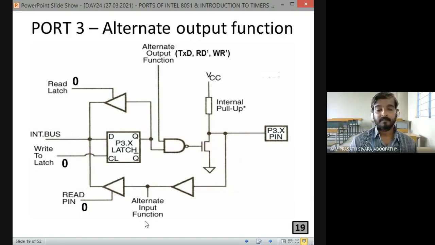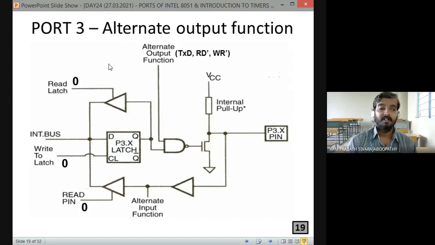Fine. As I told earlier, TXD, RD bar, WR bar. These are the 3 alternate output functions we are having in port 3. Yes? Fine. One more important point, kindly note it down. To enable the alternate output function, like what we did for configuring a port as input pin, we have to write logic 1 only.